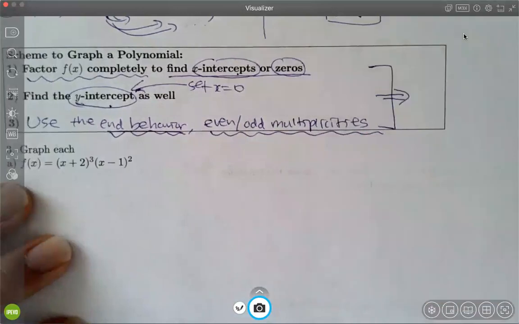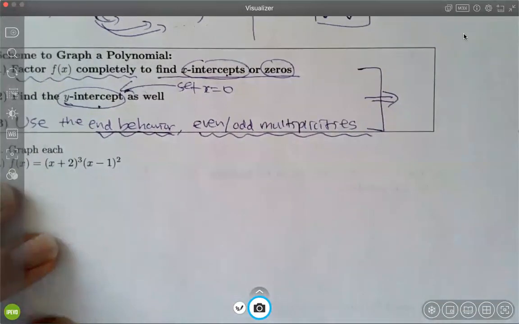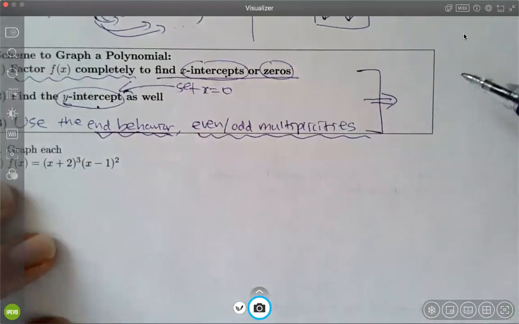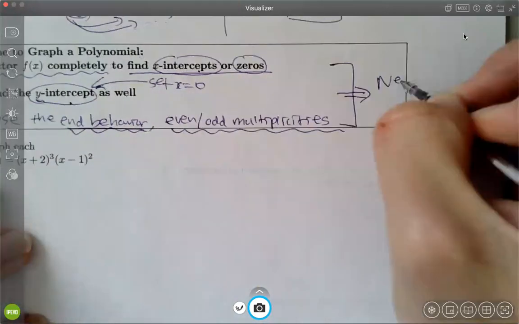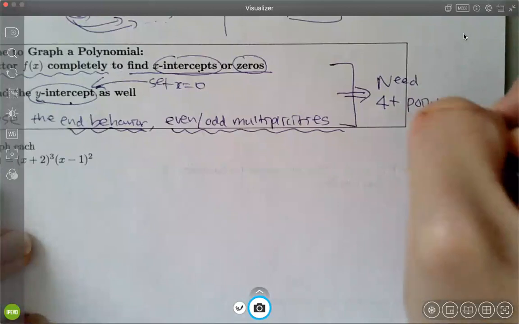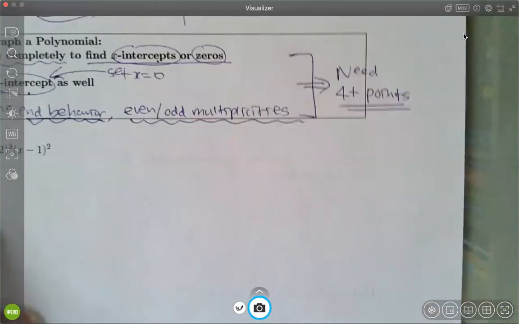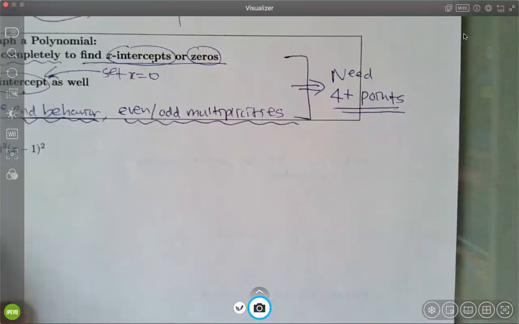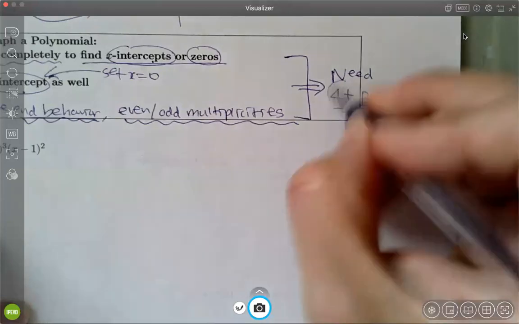Just in case the total number of y-intercept and x-intercepts is not equal to 4, then you may have to find yet another point. So you need 4 plus points to graph any higher degree polynomials. You need at least 4, basically. Let's keep that in mind.